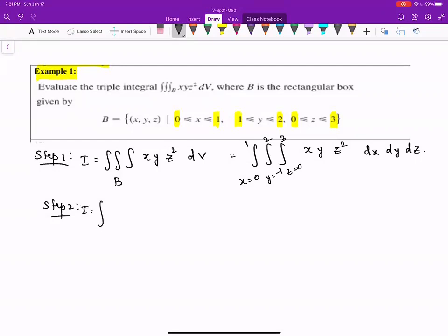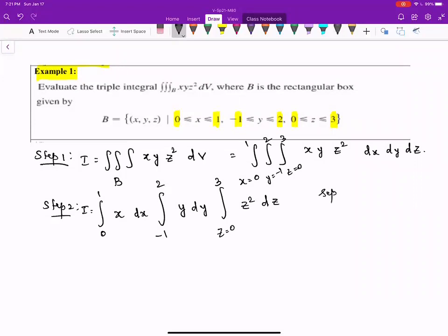So I is the integral 0 to 1 of x dx, then the integral from -1 to 2 of y dy, then the integral over z, z varying from 0 to 3, of z square dz.